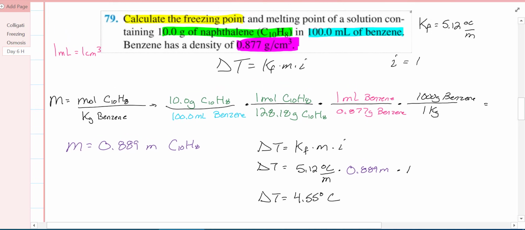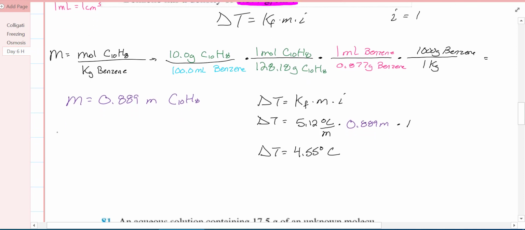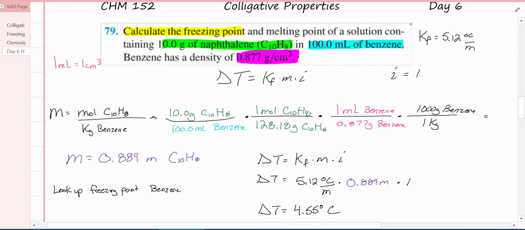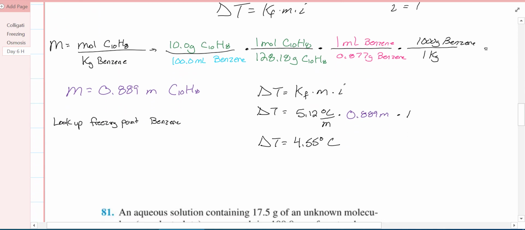Very good. We're looking for the freezing point. So we have to look up the freezing point of benzene. And it's in the book right where the same KF value is in this book.